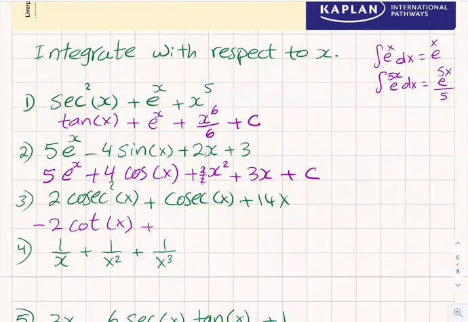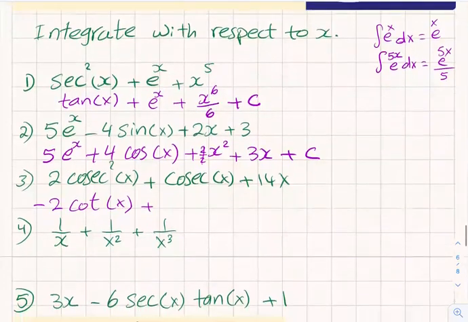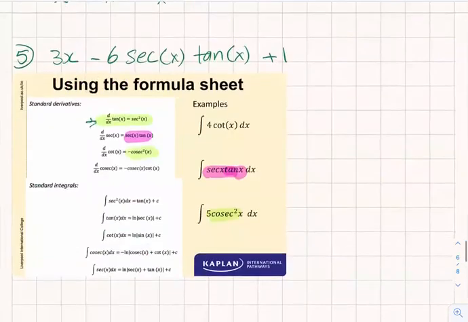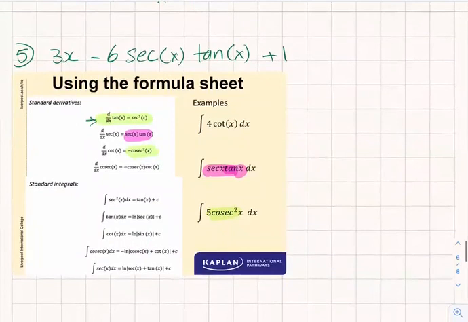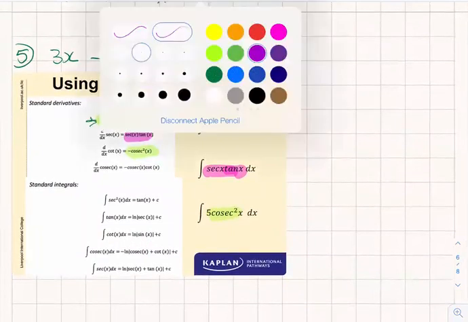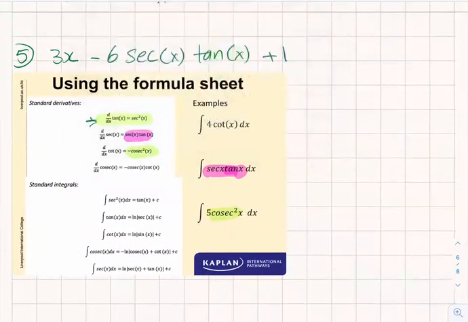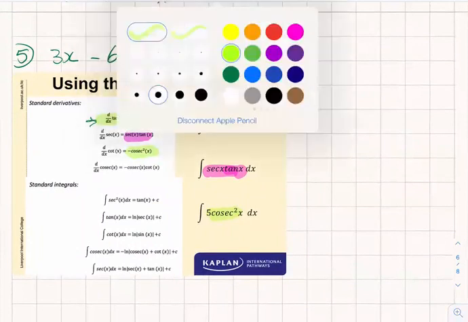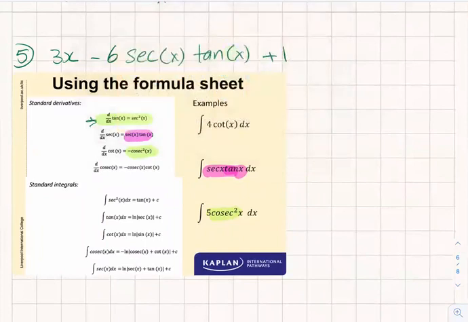Plus the cosecant x: if we look for something with only the cosecant, we have the integral of cosecant x, the orange one here, which is minus ln cosec plus cot x.